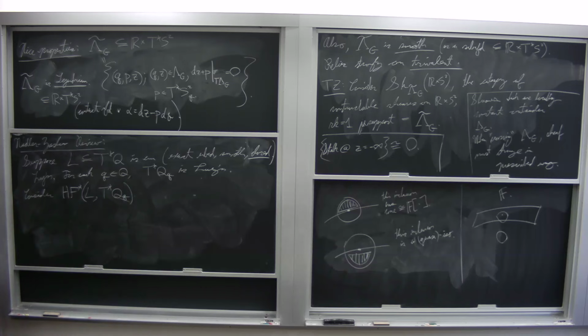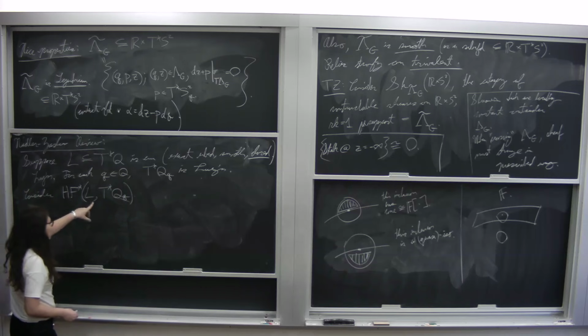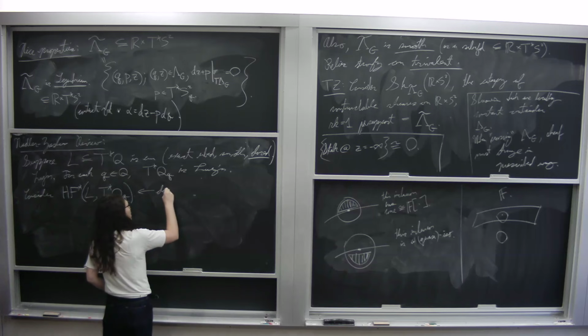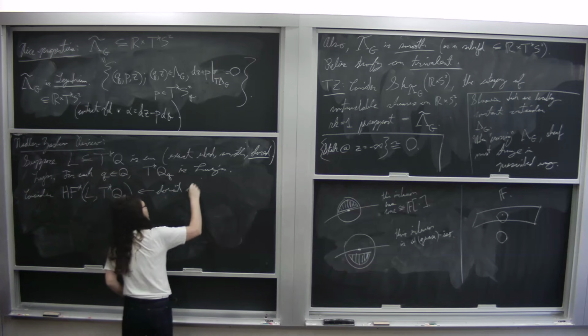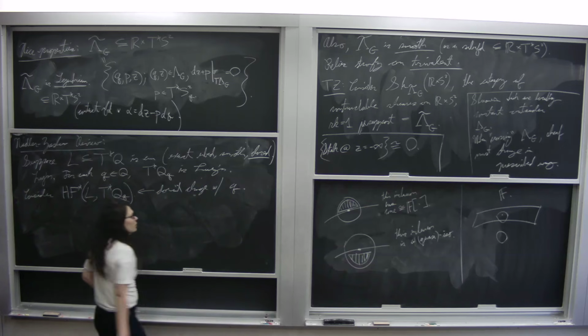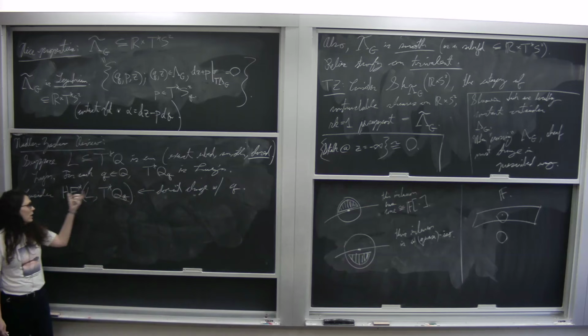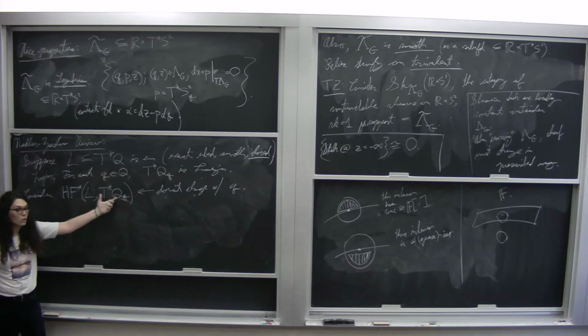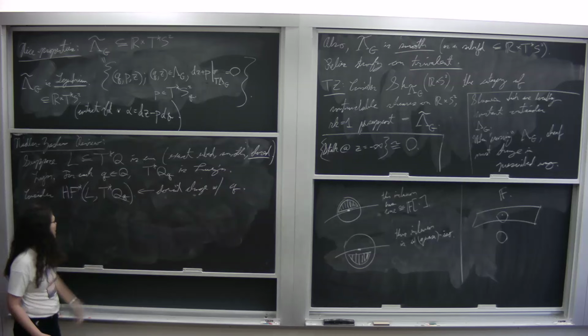And the idea is that this doesn't change with Q. If Q moves around, it'll move around by a Hamiltonian isotopy, and so I'll get canonical isomorphisms between them.